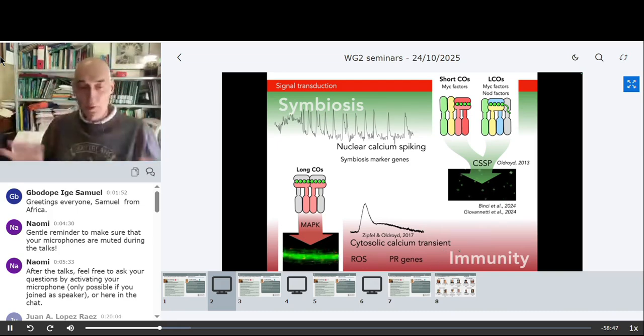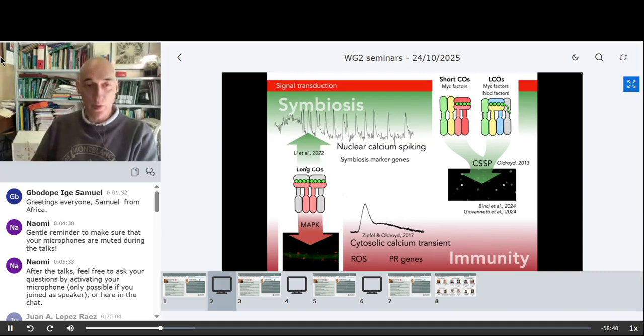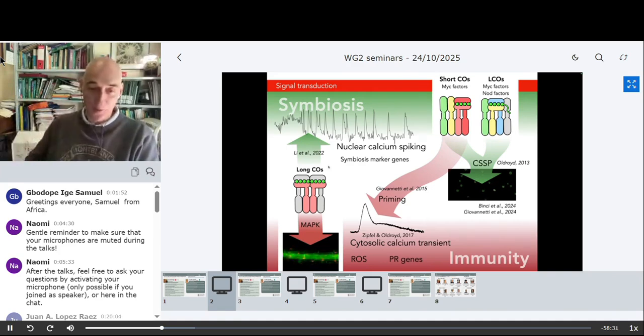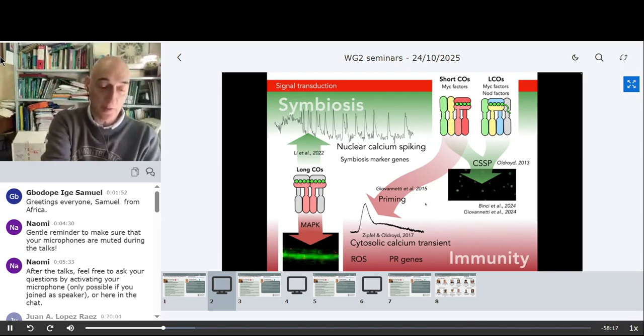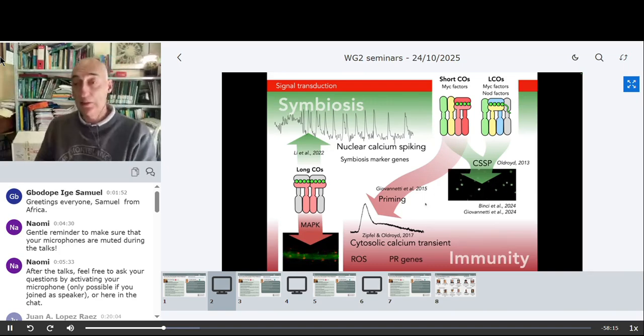So again, we had a kind of dogmatic view of this until new research showed that long-chain COs, when applied individually, can also trigger nuclear calcium spiking, and short-chain COs can also trigger a cytoplasmic transient increase in calcium concentration, which could be related to the ability of mycorrhizal interactions to prime plant immunity, which is involved in the fact that the mycorrhizal plants are less prone to pathogenic attacks.